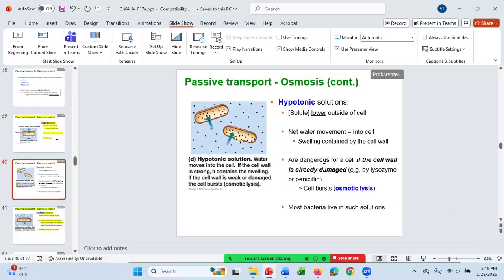In a hypotonic solution, the solute concentration outside the cell is lower than the solute concentration inside the cell. That means there's more water outside the cell than water inside the cell. That means water will move into the cell down its concentration gradient. That will cause the cell membrane to expand.